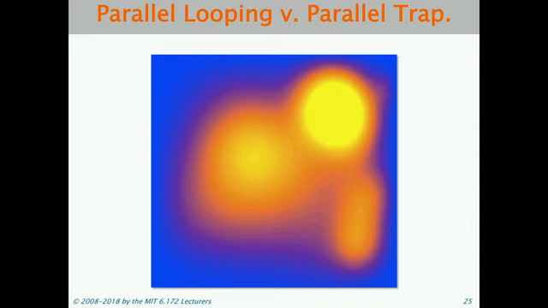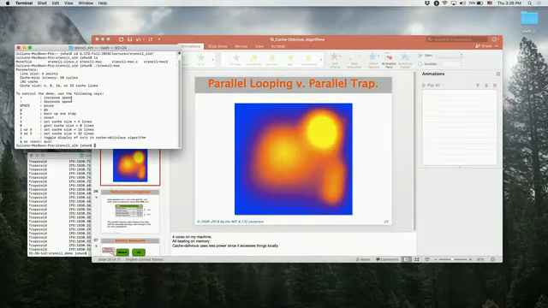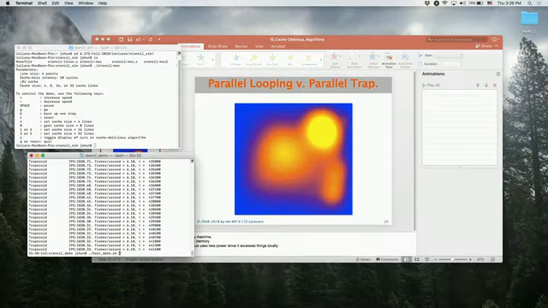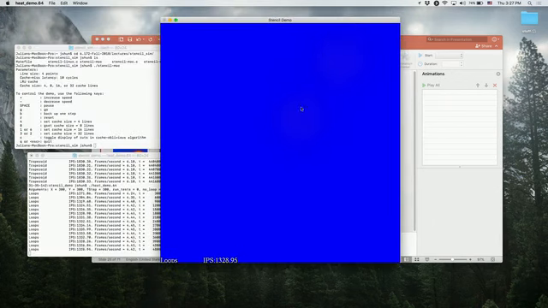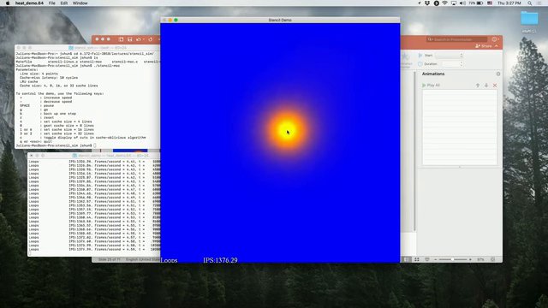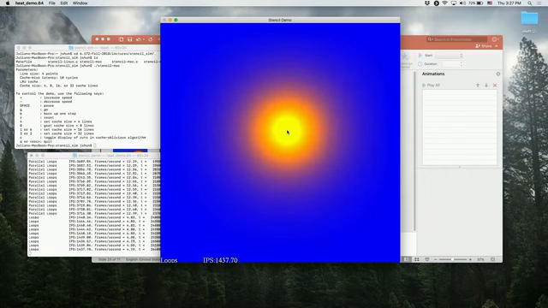Let's look at how the parallel codes perform now. So, okay, so this was the serial looping code.